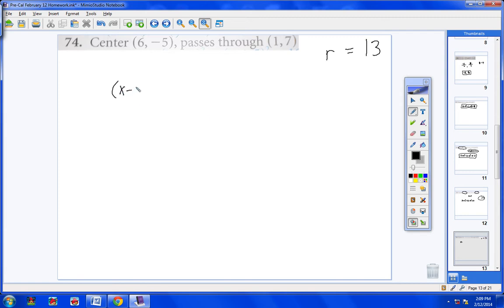X minus 6 quantity squared plus y plus 5 quantity squared equals, and then my radius is 13, and you always write the radius with the power of 2. Alright, so 13 squared. Of course, I would like you to simplify that on tests and quizzes and just go ahead and put 169. Alright, moving on to number 75.